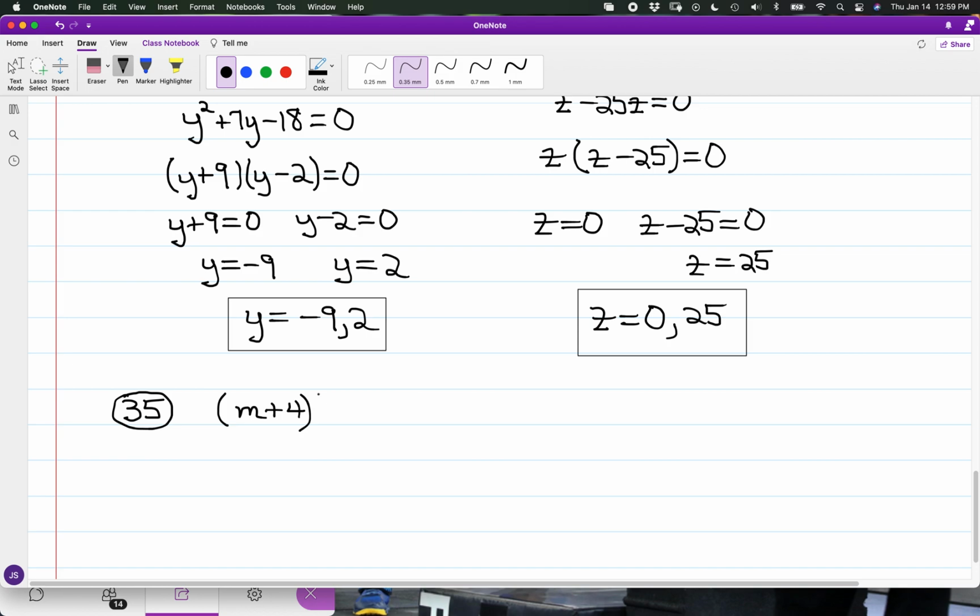We have the quantity m plus 4 times the quantity m minus 5 is equal to negative 8. Now it might be tempting to say m plus 4 as well as m minus 5 equal negative 8, but you cannot apply the zero product property in this fashion.